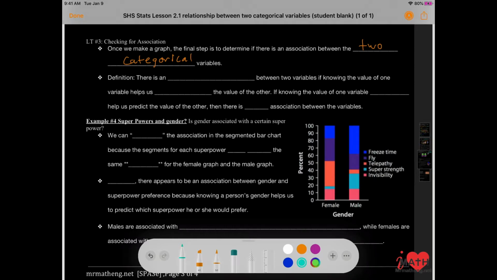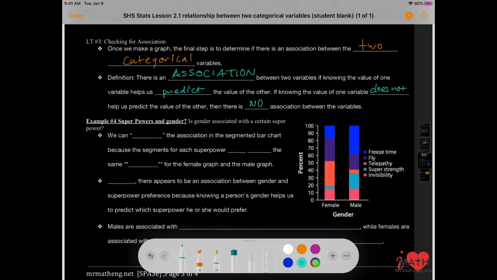Definition: there is an association between the two variables if knowing the value of one variable helps us predict the value of the other. If knowing the value of one variable does not help us predict the value of the other, then there is no association.